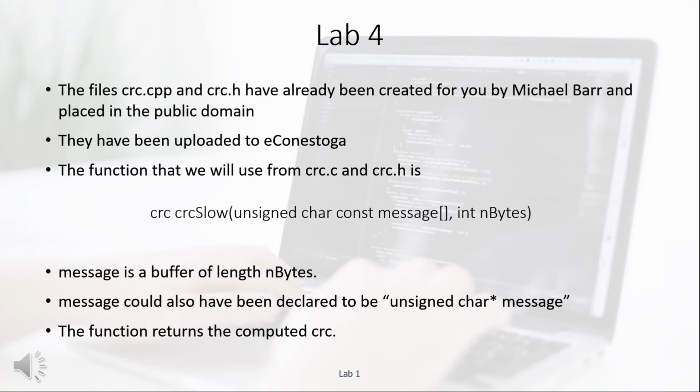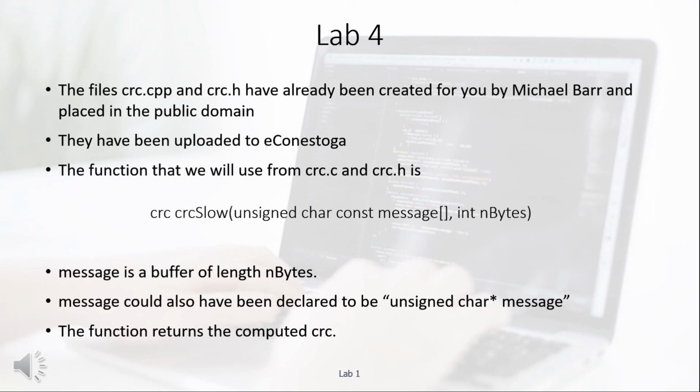The way that it works is that message is your buffer. So it's an unsigned char, and it's basically a pointer here, because what could have been used here is unsigned char star message, and that would be equivalent to what's written there. And bytes is the number of bytes in each element.